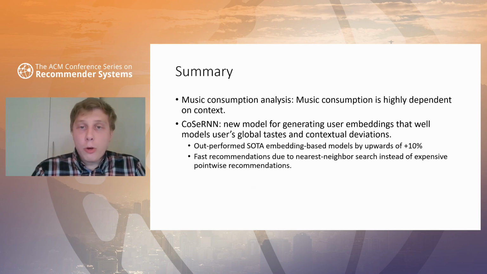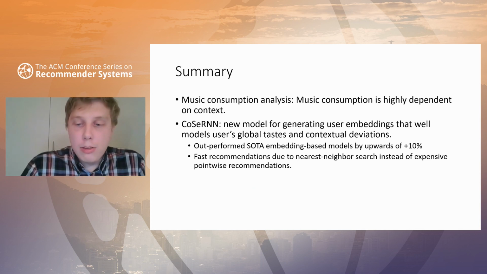And this worked pretty well, as we saw upwards of 10% performance increases across different tasks and different metrics. And of course, it's always nice that these are embedding-based models, so they are fast to use in practice because we can utilize efficient nearest neighbor search, or even approximate nearest neighbor search if you want, instead of the models that are a little bit more expensive based on pointwise recommendations.